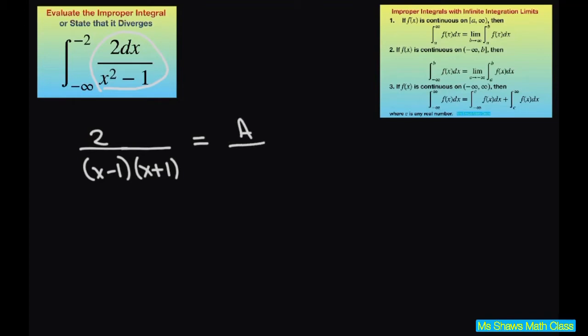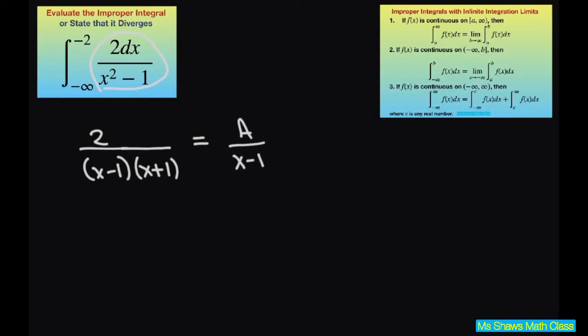So the first thing I want to do is a little refresher with partial fraction decomposition. If I want to simplify this so we can integrate it, I'm going to write the denominator as x minus 1 times x plus 1 and split this fraction up using partial fraction decomposition.